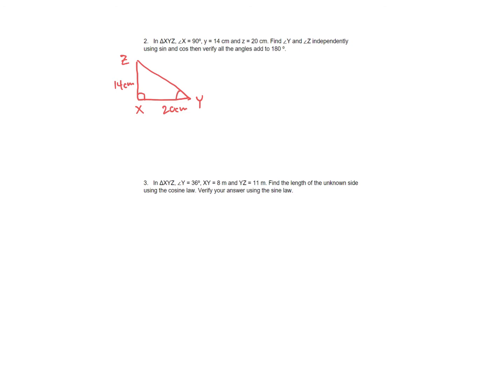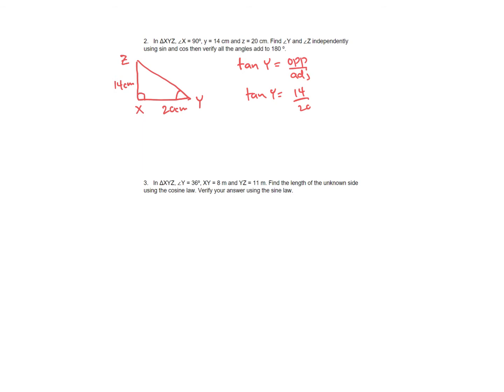So let's do y first. If we're looking for angle y, we have side 14, which is opposite, and we have side 20, which is adjacent. So we could use tan of angle y is the opposite over the adjacent. So the opposite is 14, the adjacent is 20.